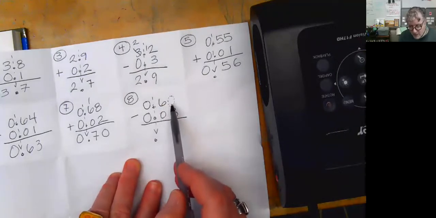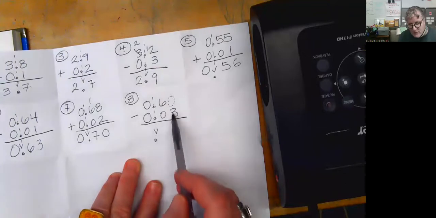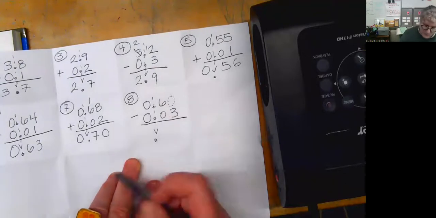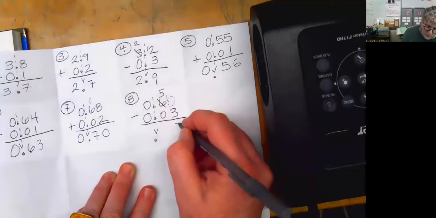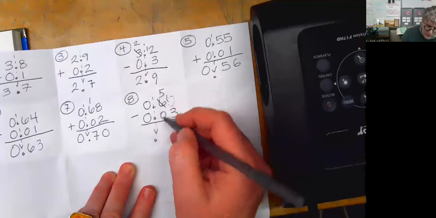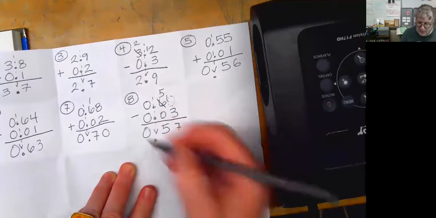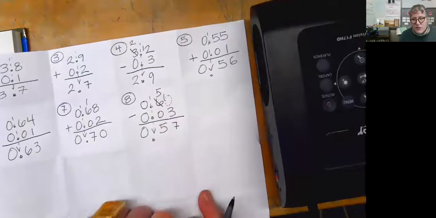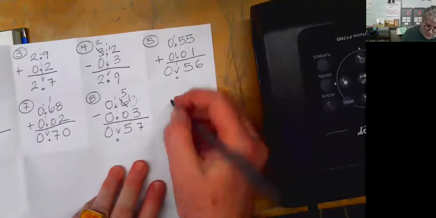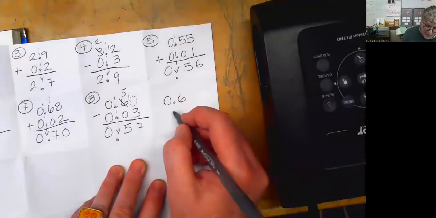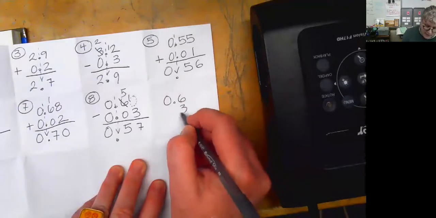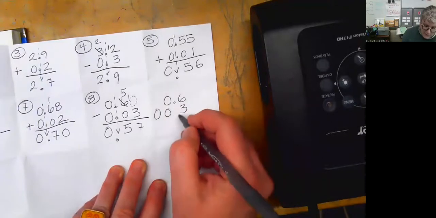So now I can subtract it. I can subtract 3 hundredths from 60 hundredths. So I have to regroup. And I end up getting 57 hundredths when I do that. If I messed up and I went like this and I subtracted the 3 from there, right?